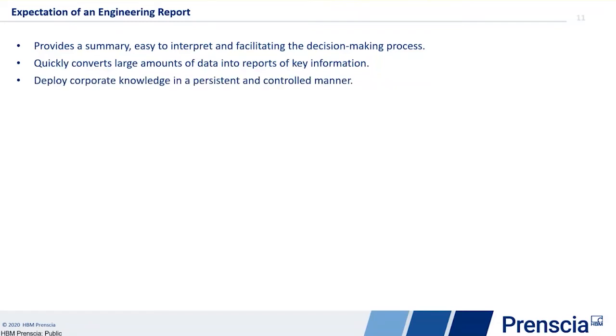Right. And the expectation is a report which deploys corporate knowledge in a controlled manner. What is the meaning of controlled manner? Many times you need to keep generating reports with a reference number and a running number, so all this kind of tracing.